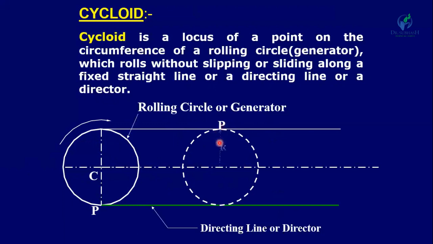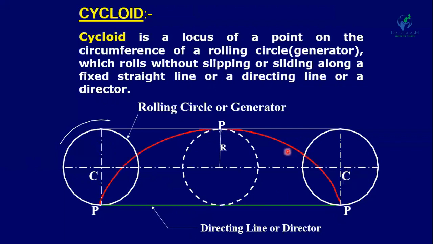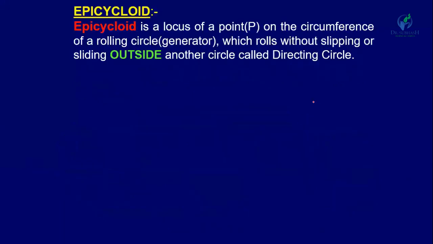Now for the next 1/2 revolution, the point P will reach here. Now the path of this point P, and the center will be here. This path of point P is known as a cycloid. So this curve is known as a cycloidal curve.